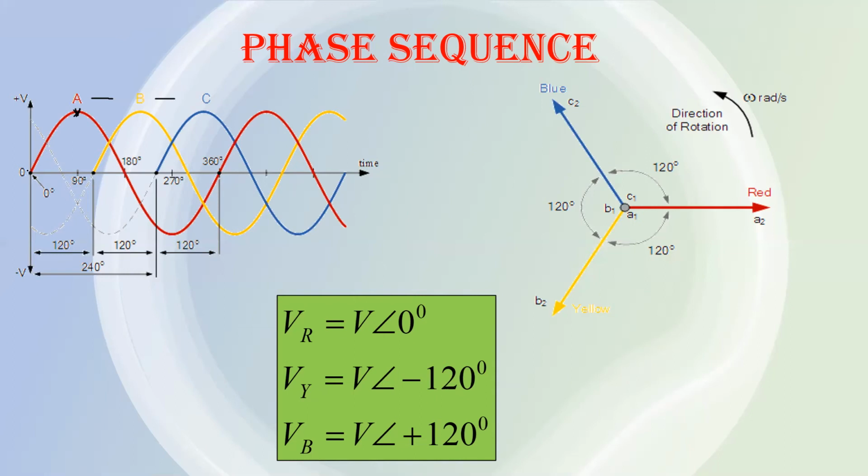And obviously this phase A crosses the time axis at an angle of 0 degrees. So the equation of this phase A in trigonometric form will be Vm sin omega t.